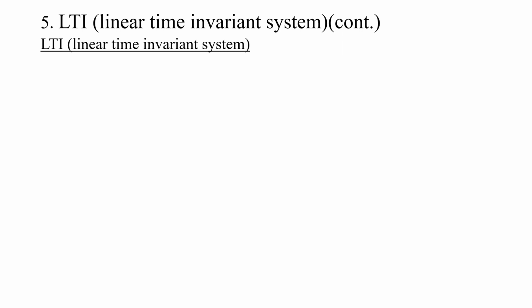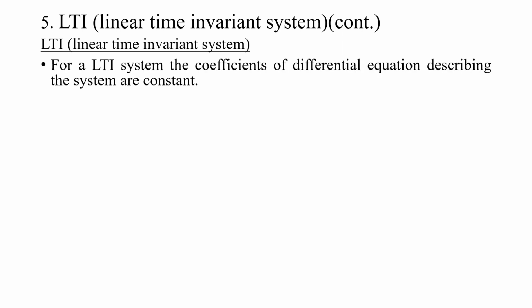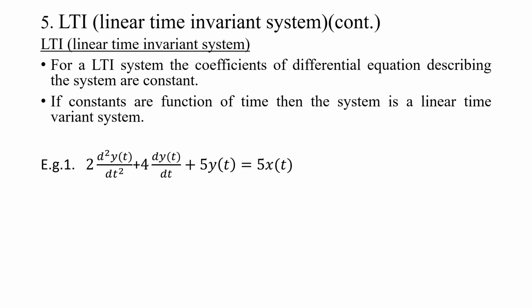We will solve the problems after the LTI concept. LTI means linear time invariant system. If in a differential equation all the coefficients are constant, then it is called a linear time invariant system, or you can say it is a time invariant system. If any coefficient depends on time, or is a function of time, then it is called a time variant system. For example, here the coefficients are 2, 4, 5.